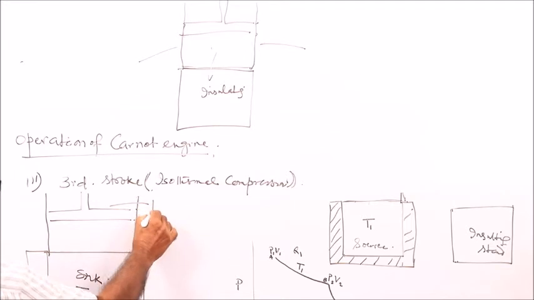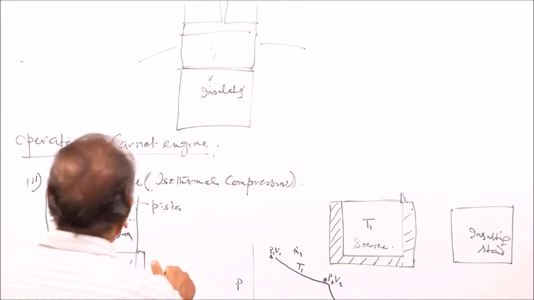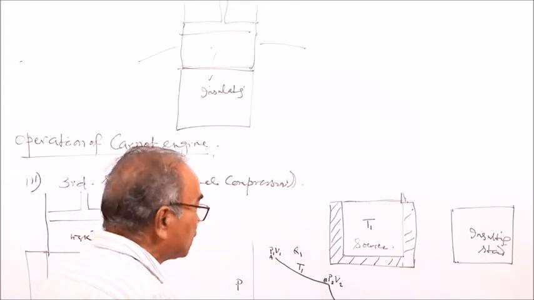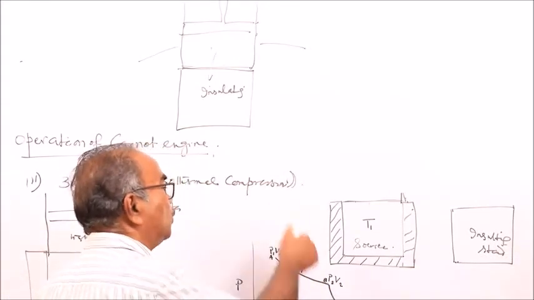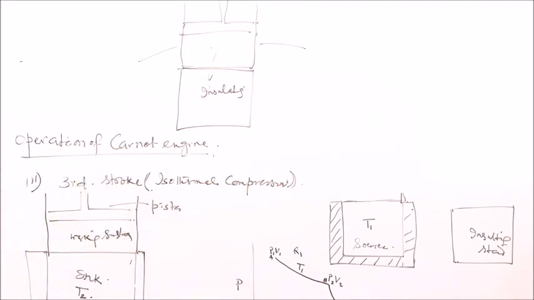This piston, the working substance, is kept over the sink. In the first two strokes, the engine is doing work. The working substance, the ideal gas, is doing work itself. But here we have to do work on the system, on the ideal gas.